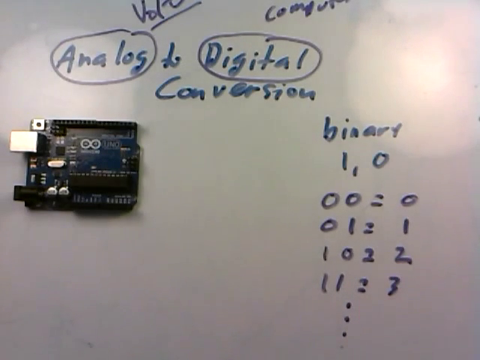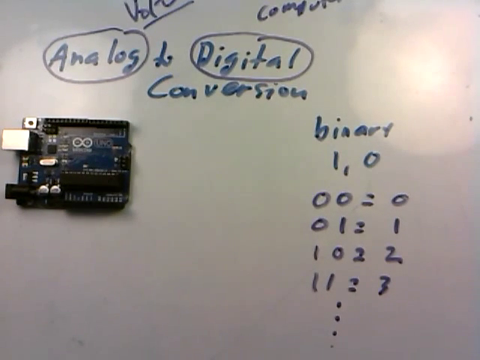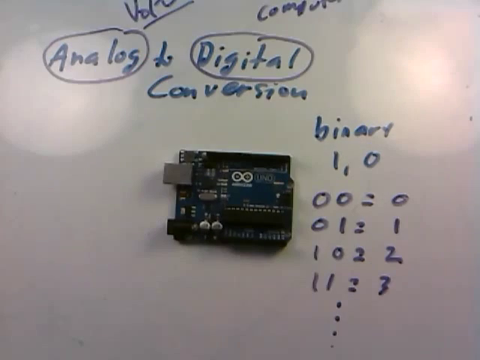And it keeps going on like this. Certainly computers have 8, 16, 32, even 64 bits of counting here, but you just have to remember how binary counting works. This is the number system that computers can understand because everything has to be represented as a 1 or a 0.